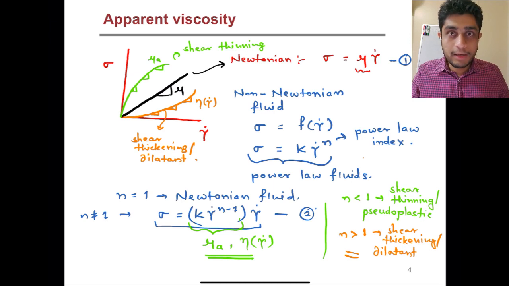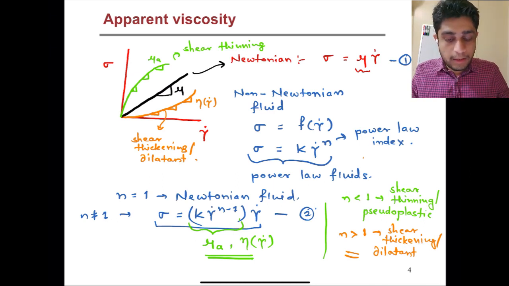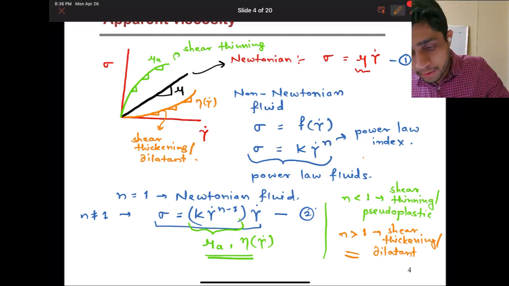But we also have toothpaste, which does not flow unless we apply some threshold stress on it. So that behavior can also be represented on this shear stress versus shear rate plot, and I'll just show you how you can do that.